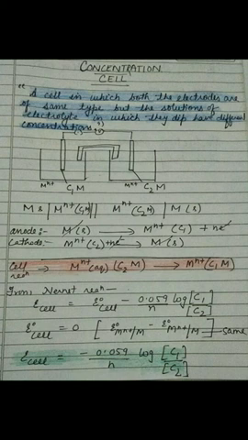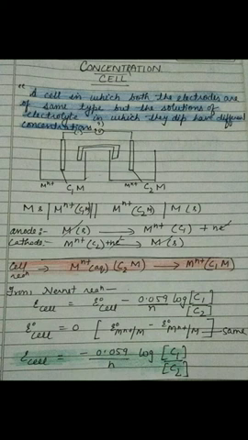From the Nernst equation, we have E cell equals E naught cell minus 0.059 upon n log of product concentration upon reactant concentration. So it is C1, the concentration of metal ion, upon C2. Now what will we write in place of E naught cell?